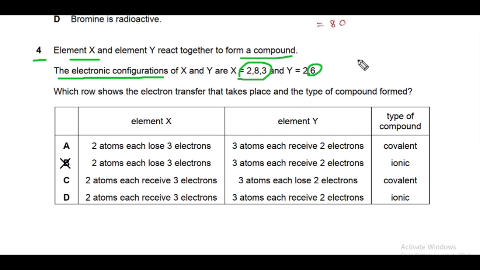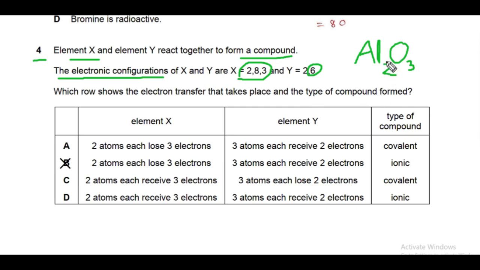So if you take one group 3 element, aluminium, and one group 6 element, oxygen, they will form Al2O3. Which row shows the electron transfer that takes place and the type of compound formed?